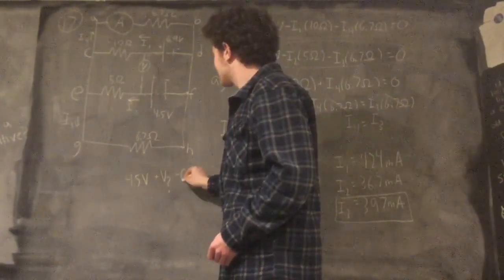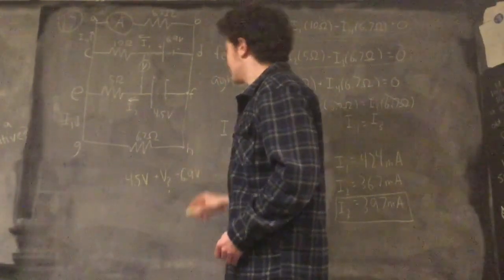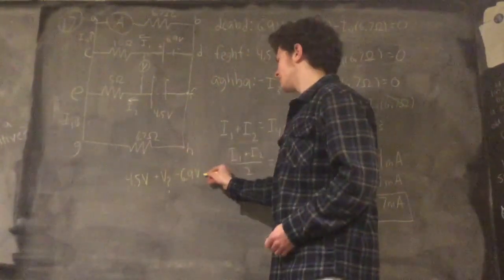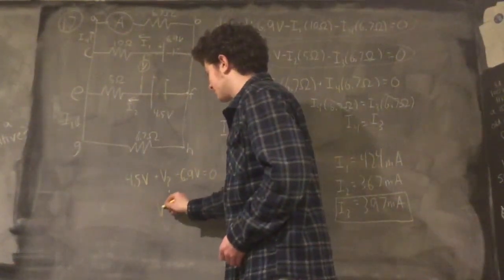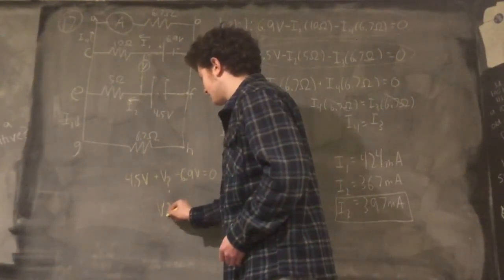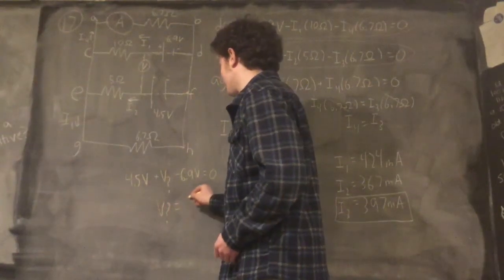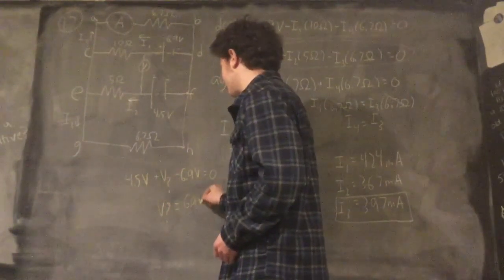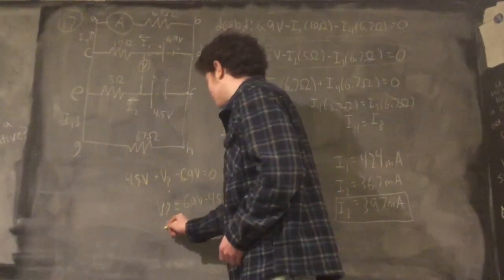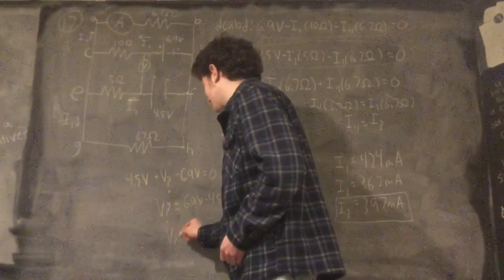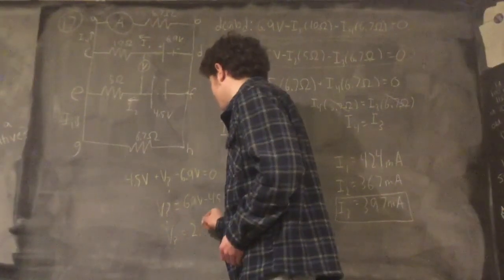So it's going to be minus 6.9 volts. But since we're going around the loop, we know this has to equal 0. And now, doing some simple algebra, V question mark is equal to 6.9 volts minus 4.5 volts. So then our question mark V is simply equal to 2.4 volts.